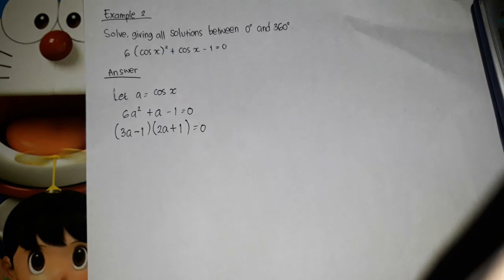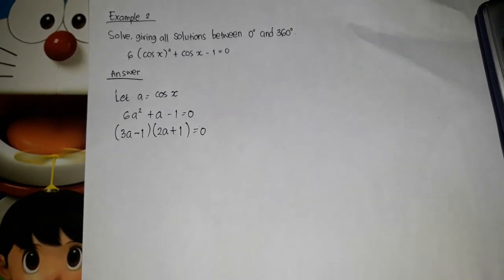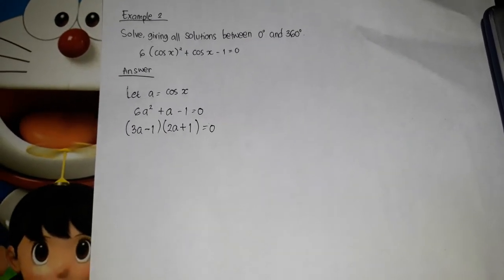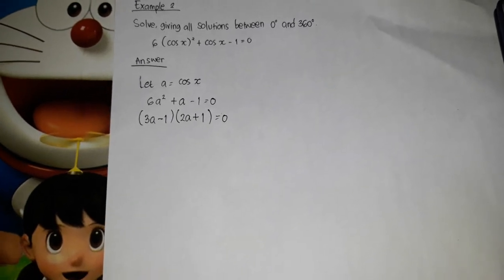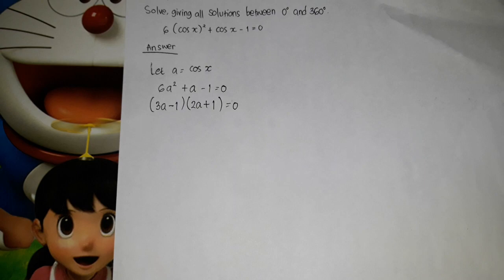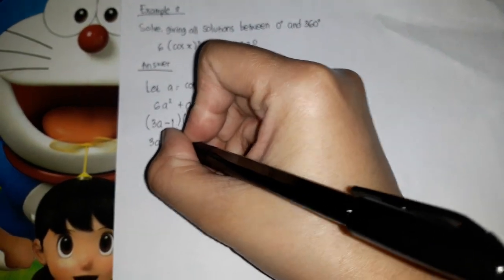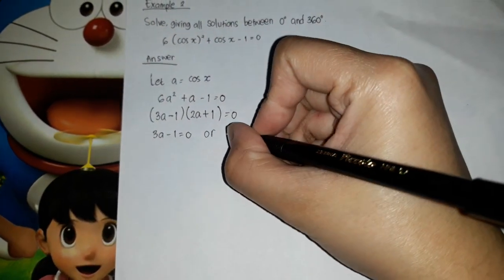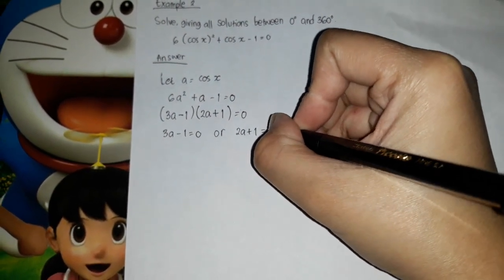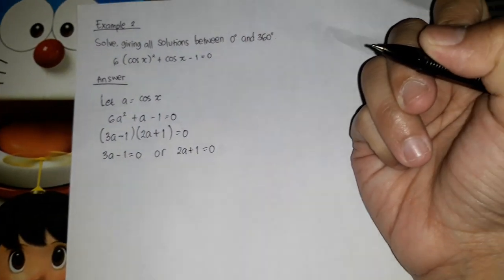We already factorized 6a squared plus a minus 1 completely. It becomes 3a minus 1 times 2a plus 1 is equal to 0. So either 3a minus 1 is equal to 0 or 2a plus 1 is equal to 0.